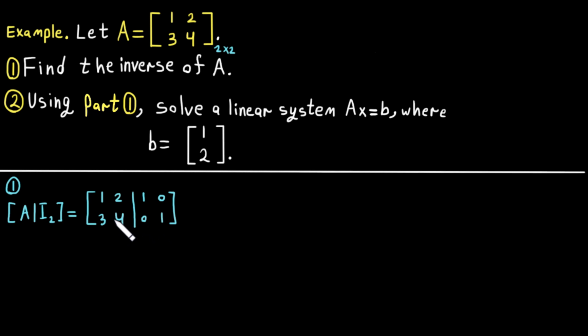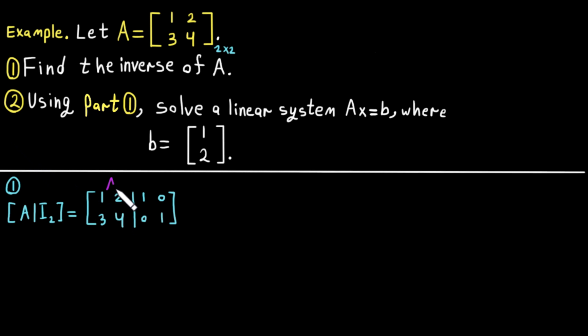In a simple way, you have to make the left side, which is here, like the identity matrix, so this side you have to make it like this. So here 1, 0, 0, 1. If you cannot transform A on this side to identity, therefore you have to say A inverse does not exist.